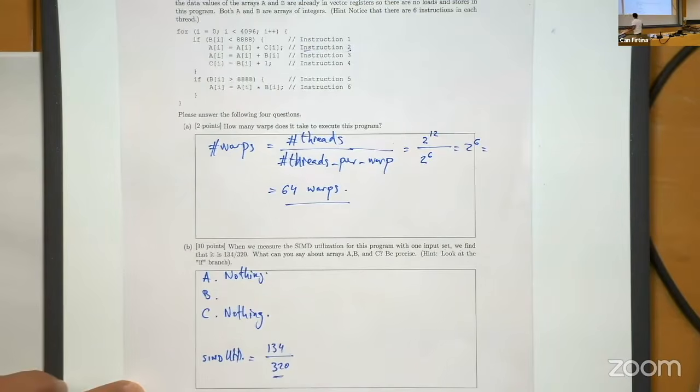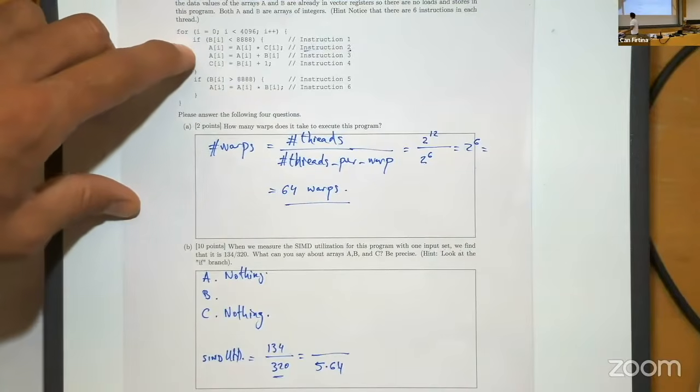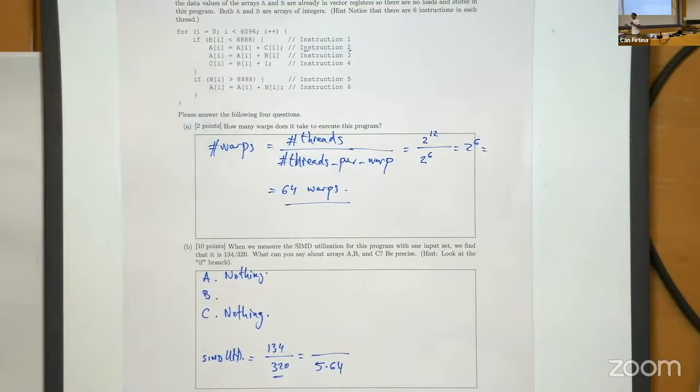If I see this fraction, I see that in the denominator I have 320, and 320 is equal to 5 times 64, right? Remember as well that when I calculate the SIMD utilization, what I have in the numerator is the number of operations that are really executed, which means that, for example, if one of these instructions is only executed by one thread in one warp, then the value in the numerator is 1.